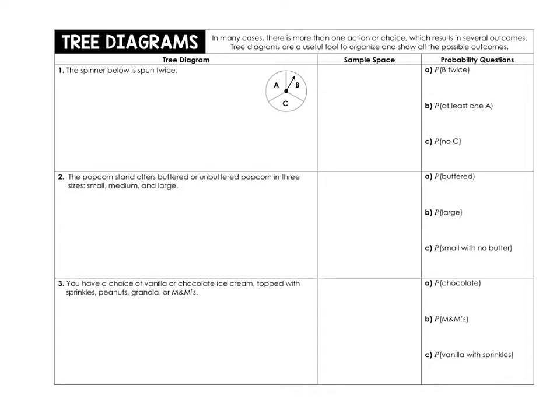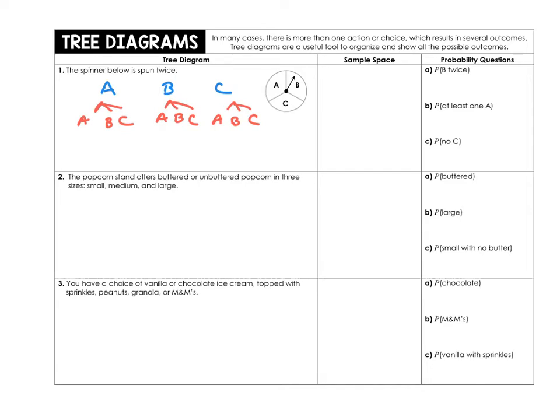Cool. So the first time you spin, your choices are A, B, and C, right? Then if you were to spin a second time, we'll use red for our second time, you would have A, B, and C, A, B, and C, A, B, and C. Those are all the possible things that you could get if you spun it twice.